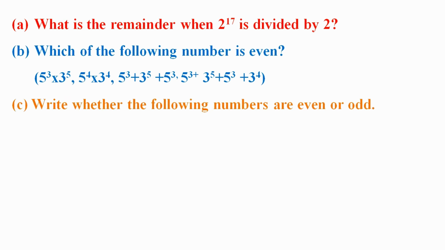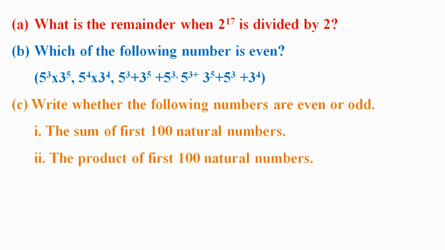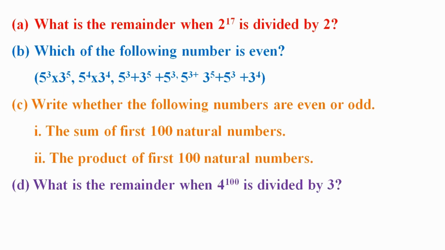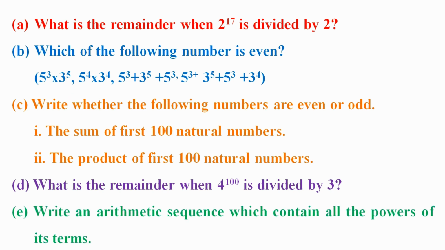Write whether the following numbers are even or not: the sum of first 100 natural numbers, the product of first 100 natural numbers. What is the remainder when 4 raised to 100 is divided by 3? Write an arithmetic sequence which contains all the powers of its terms.